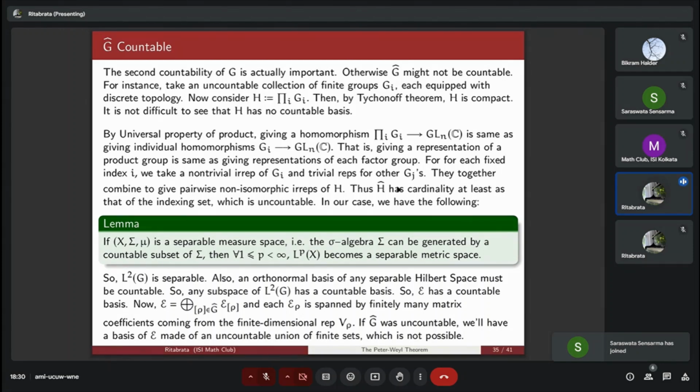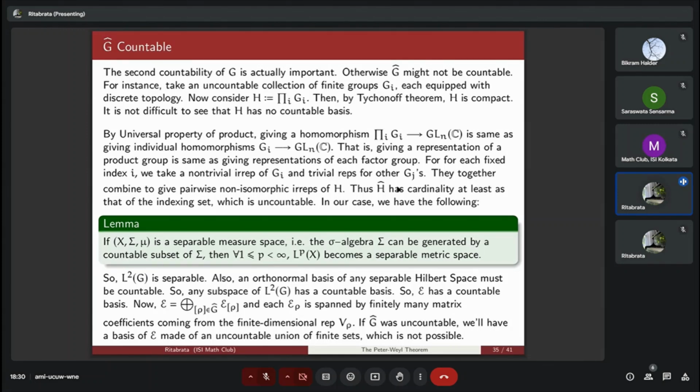So g goes to rho ij of g, where i and j both vary from 1 to d rho. The matrix has d rho squared entries, and by the orthogonality relations, all these are orthogonal functions. This gives us d rho squared orthogonal matrix coefficients, and they span the entire eta rho. So each eta rho is finite dimensional.